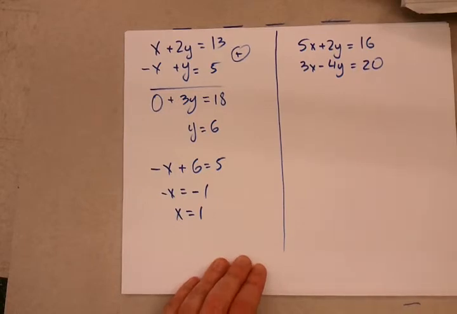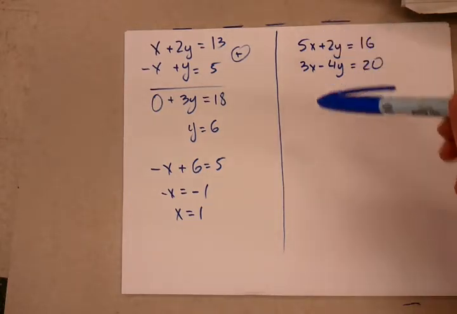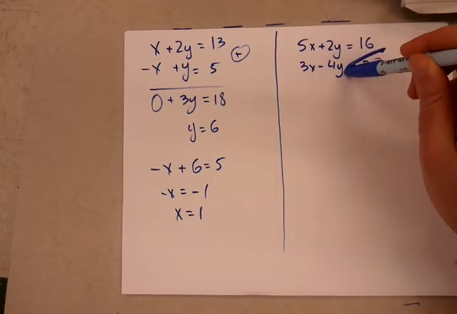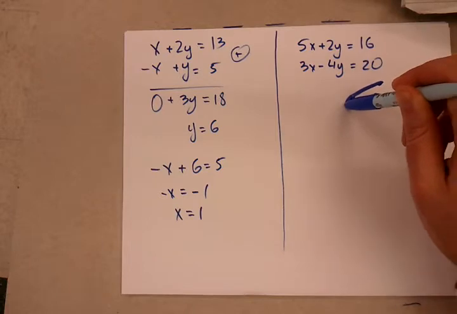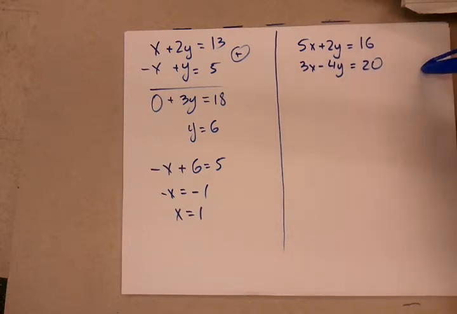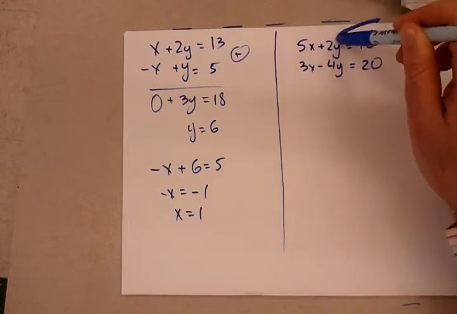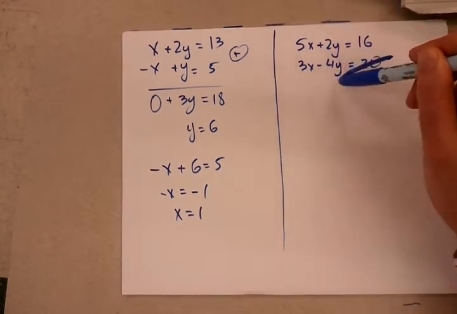Again, it's a system of linear equations, and if we're asked to eliminate, we can't really eliminate the x or the y as it stands, because no matter if you add or subtract, nothing eliminates. If you add the two together, 5x plus 3x, that's 8x, 2y and negative 4y, that's negative 2y. If you subtract the two, 5x minus 3x, that's 2x, 2y minus negative 4y, that's 6y.